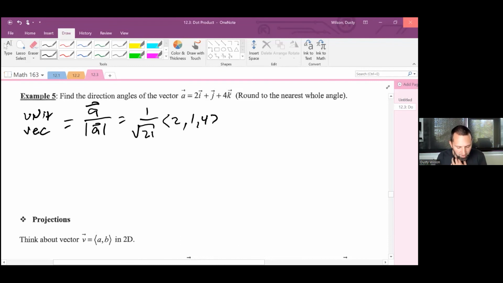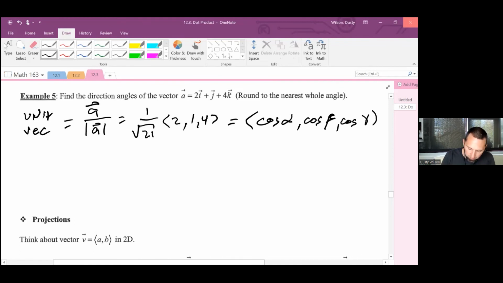And this tells me that this must be equal to the cosine of alpha, cosine of beta, cosine of gamma.